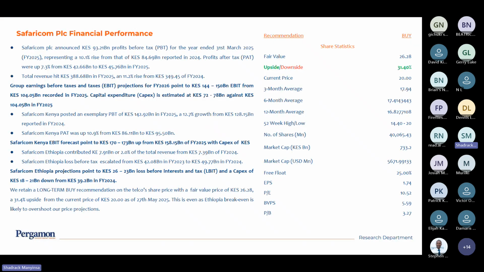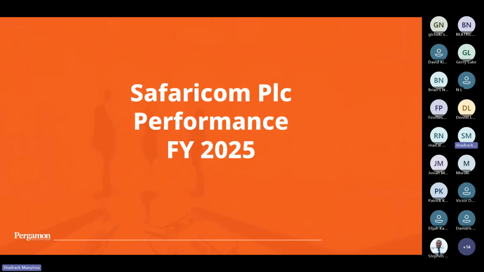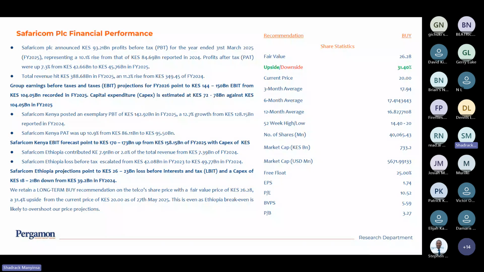We shall look straight away at Safaricom, and thereafter at how the banking sector has performed. On the Safaricom side, we have seen the local unit perform very well, reporting a very good profit both before tax and after tax. But the challenge came from Ethiopia.